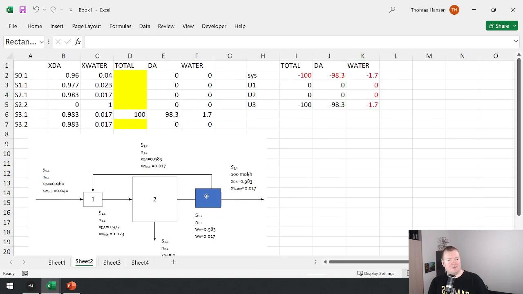However, for unit operation 3, the concentration that goes in and the two that come out, the compositions are the same for all of them. So that means only one of these three equations is independent of all of the others. And you might say, hey, hang on, why is that? Why is it that suddenly we have to do it like that?